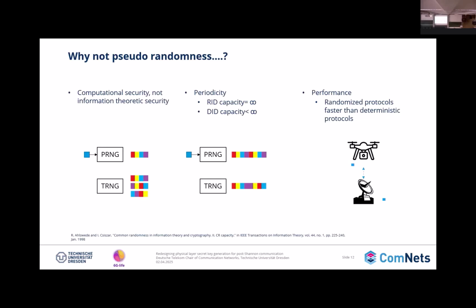But then the question is, why can't I just use a software-based random number generator or software-based common randomness, which we call pseudo randomness here? The issue is that pseudo common randomness in case of physical asymmetric key generation offers a certain level of computational security, but if the eavesdropper has the decoding knowledge, then they will always be able to replicate the pseudo random number generator, because it has this property that you will always get the same random sequence if the seed to the algorithm is the same.